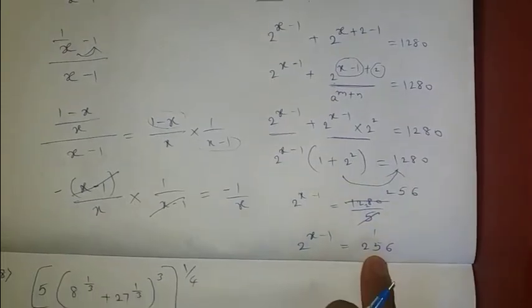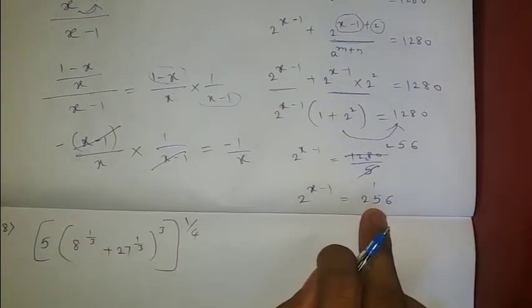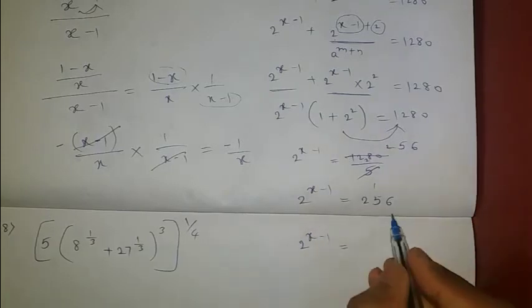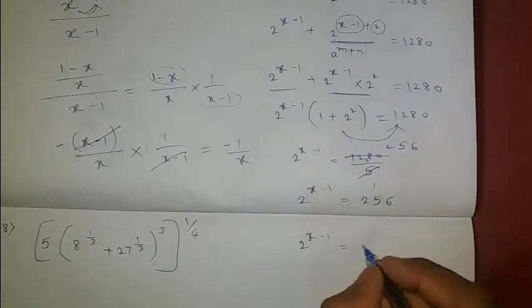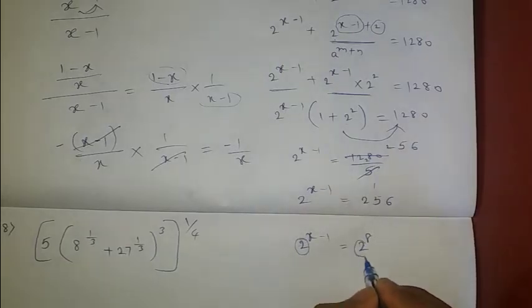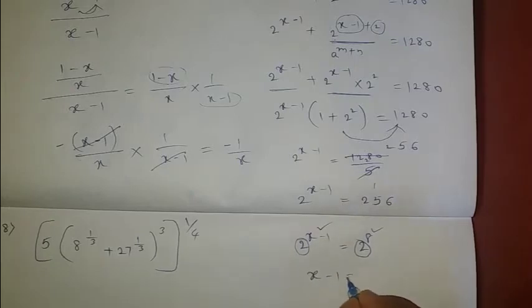Now this 256 we need to write as an exponent. If we do factorization for 256, we get 2 power 8. Here both the bases are the same, so the powers are also equal. x minus 1 is equal to 8. Now if we take minus 1 to the right side, it becomes plus 1. So the x value is 9.